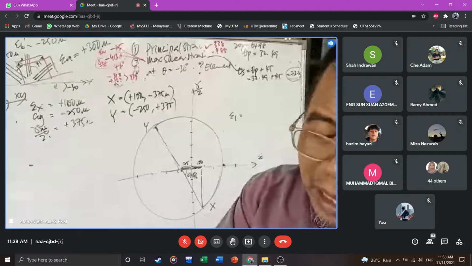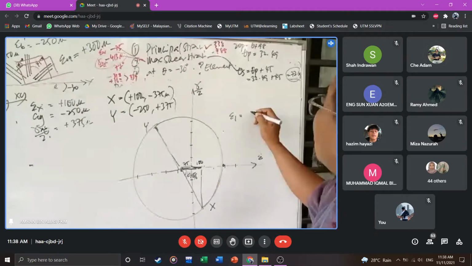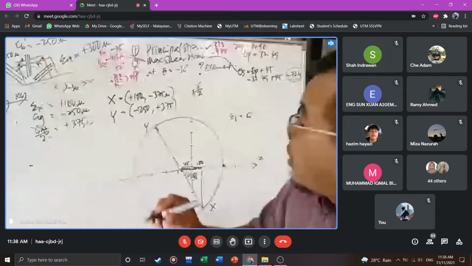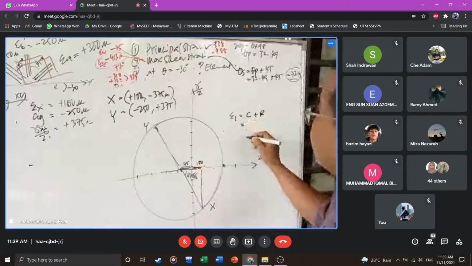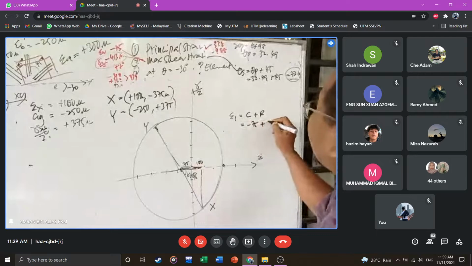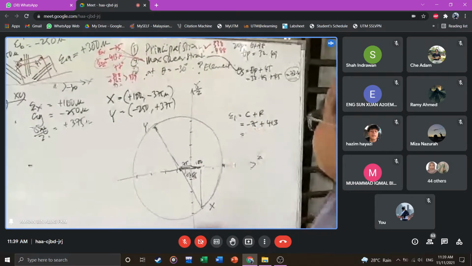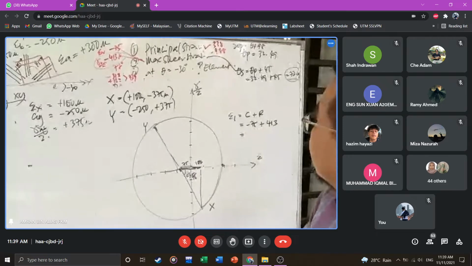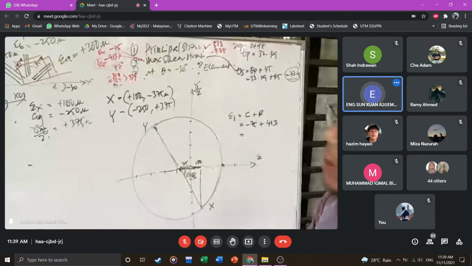Say it completely. Radius minus 75. No, center. You must start with the center because you know the value of the center. Center plus radius. Minus 75 plus 413. So what is that? 338.